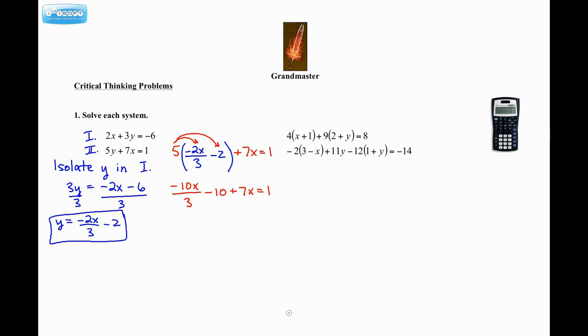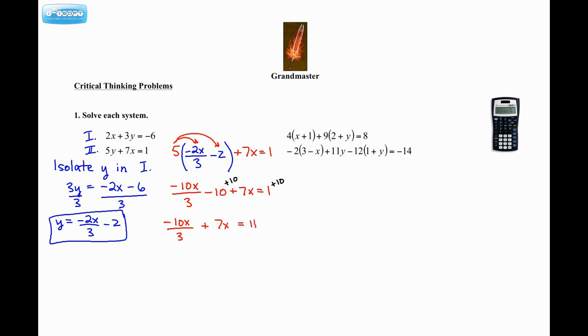So I'm going to multiply everything by 3. But before I do that, see this negative 10 here and the 1 on the other side? I'm just going to take care of that right now. I'm going to add 10 to both sides. That way it won't look quite as nasty. So I get negative 10x over 3 plus 7x equals 11. There we go, that's a little bit better.